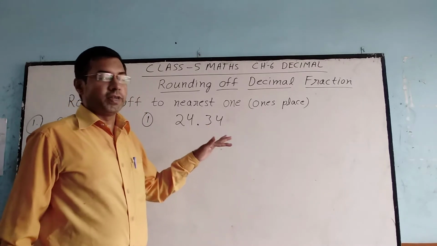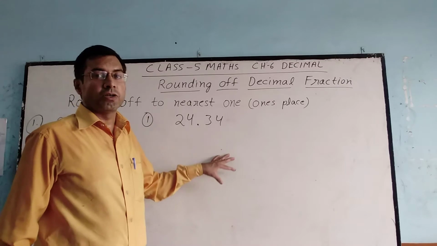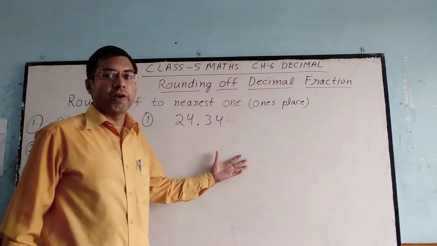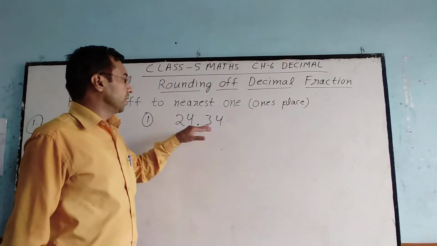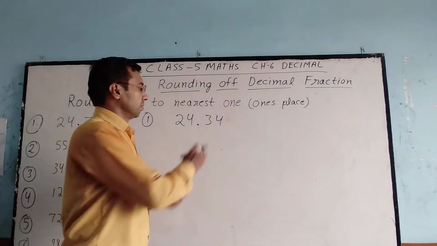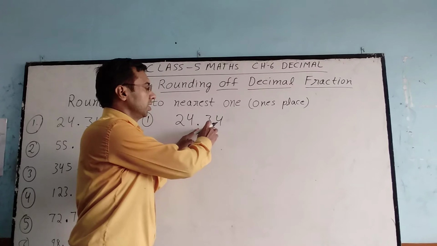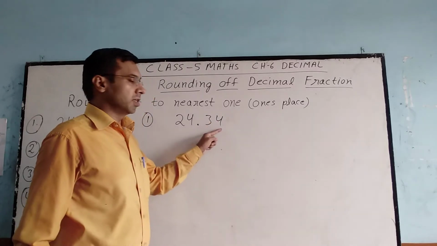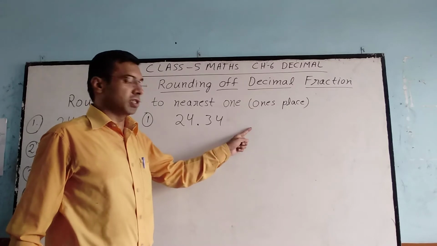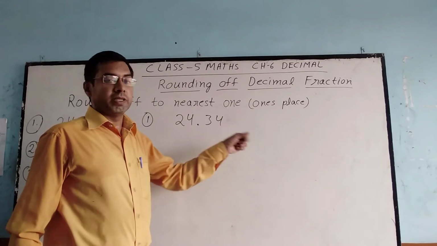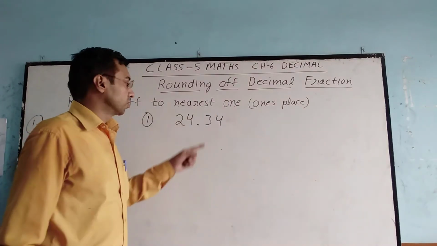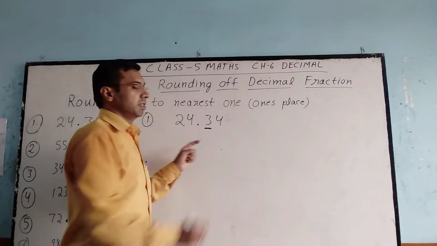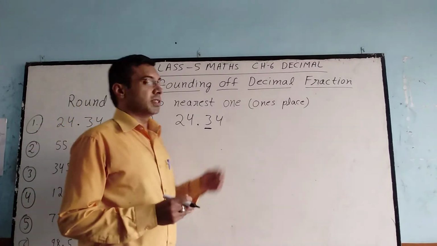while rounding a decimal number to the nearest 1 or ones place, what do we do? We compare the 10th place. The digits written after the decimal are the 10th place, 100th place, 1000th place, 10,000th place, and so on. So we compare the 10th place digit. There are two conditions.